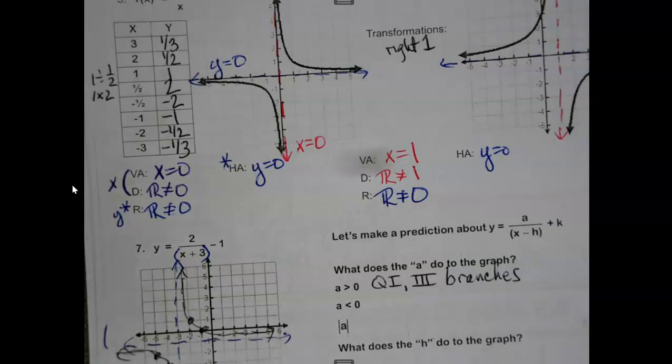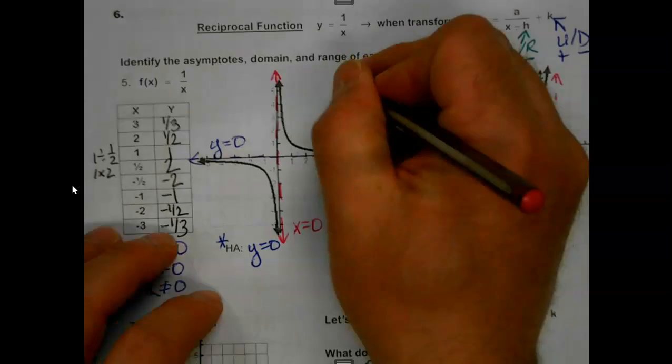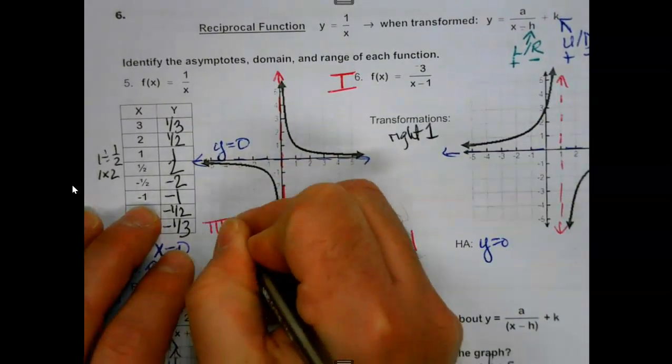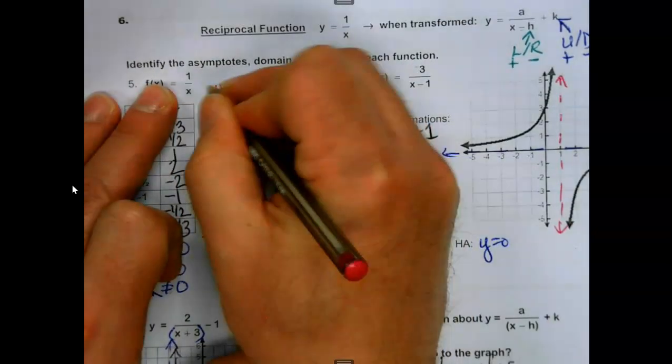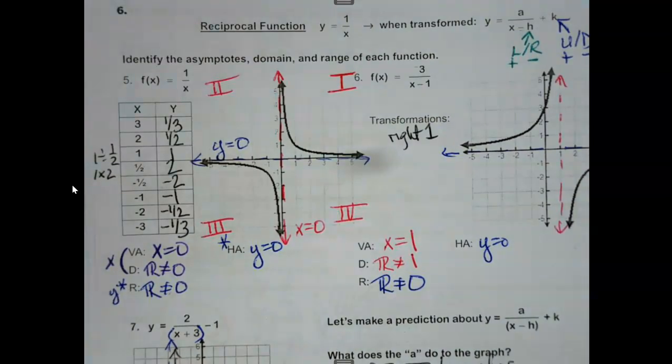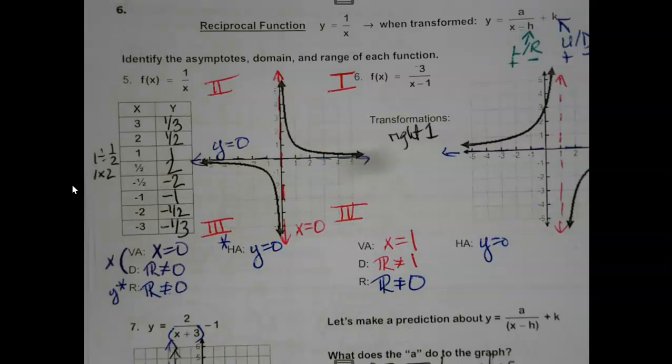If your A value is positive, your branches are going to be in quadrants 1 and 3. Because when you're naming your quadrants, this used to be a thing we do when you were first learning coordinate points. It goes in a big C. So, quadrant 1, quadrant 3.